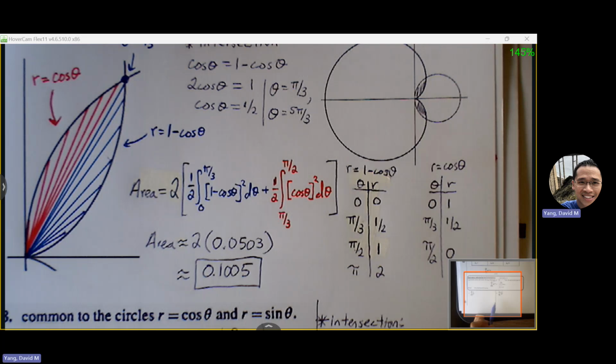But the r equals cosine theta is not starting here, it's starting here. It's moving. So that's why for the 1 minus cosine theta, we can go from 0 to pi over 3. But then for the r equals cosine theta, we go from pi over 3 to pi over 2, because pi over 2 is where it gets back to that polar zero for that cosine theta.